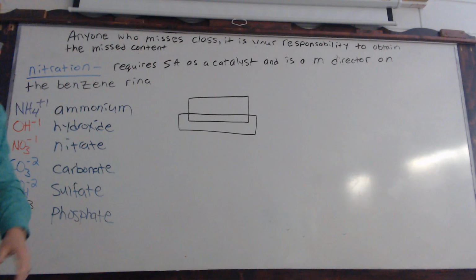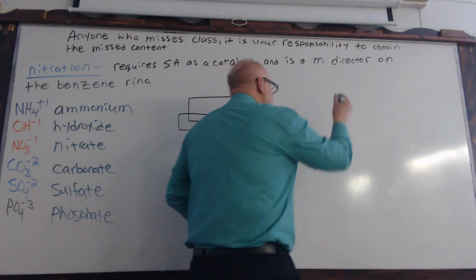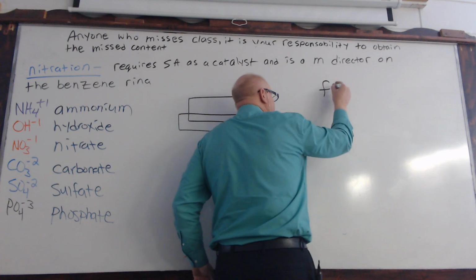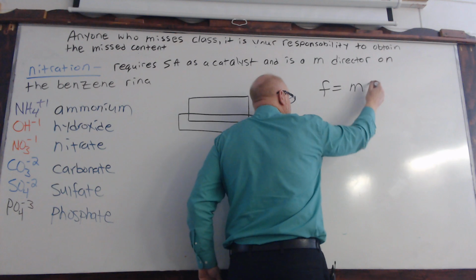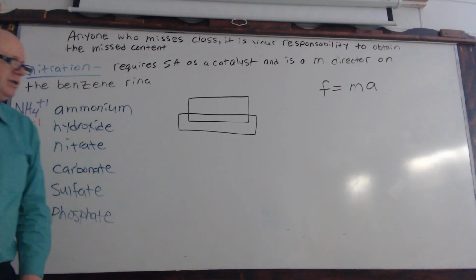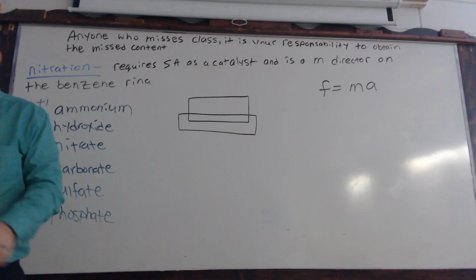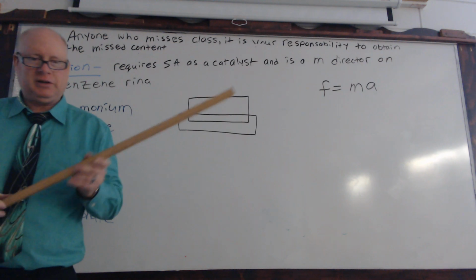Newton's second law, then, is this. Force equals ma, or mass times acceleration. That's Newton's second law. Then the third one is forces come in pairs. They are equal and in opposite directions. Okay?